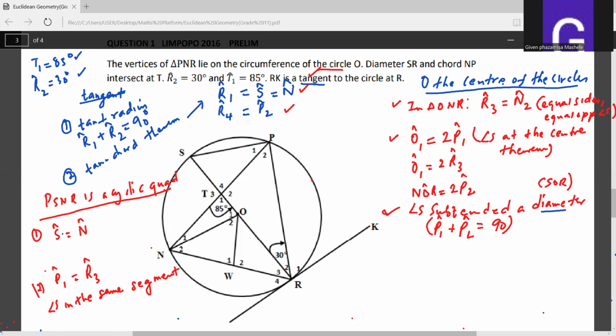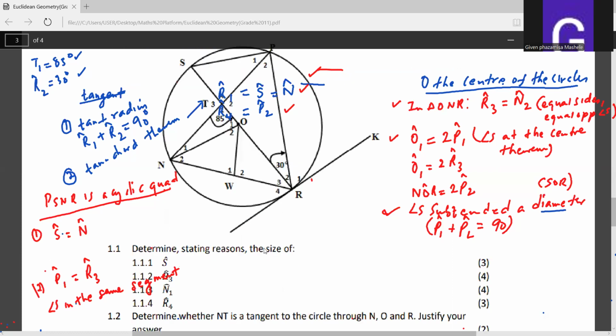Let us look at the question. What does the question say?